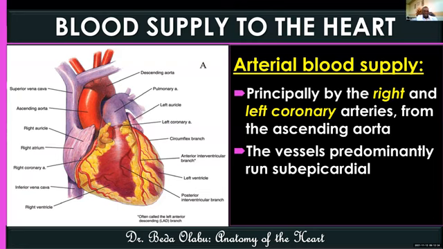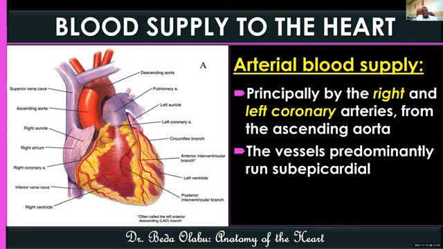Now, this is the right coronary artery. It's a smaller artery compared to the left coronary artery, which is a bigger artery. Having said so, the left coronary artery supplies a bigger mass of the heart compared to the right coronary artery. Let me say that again.